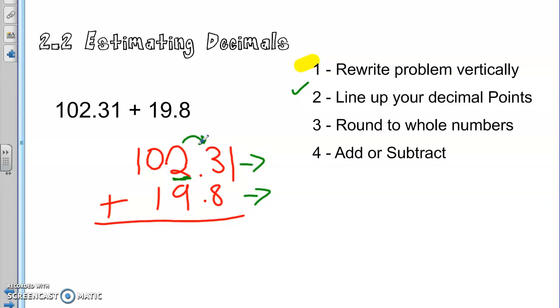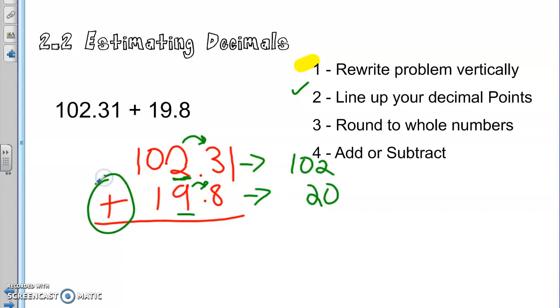Go ahead, do it on your paper. 102. 19 and 8 tenths is going to round to. Go ahead and do it. Right, it rounds up to 20 because of the 8 in the tenths place, right? Finally, step 4 is going to tell us to add or subtract.